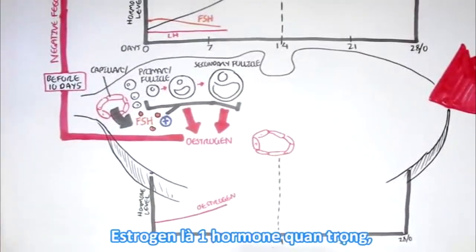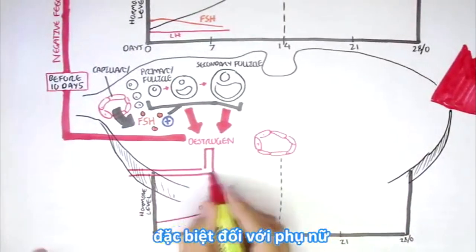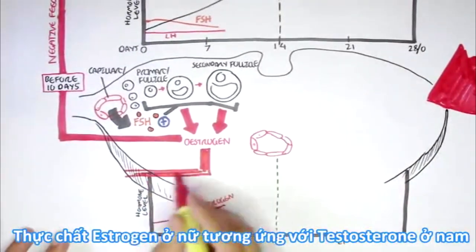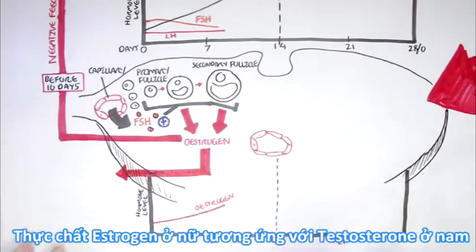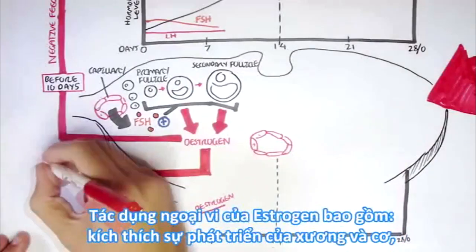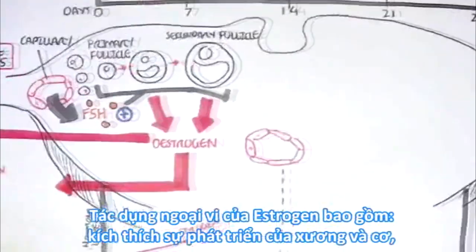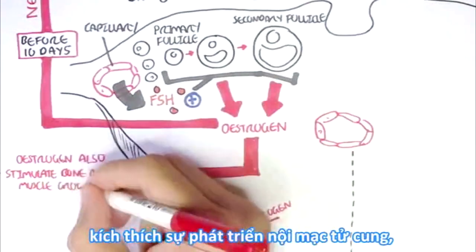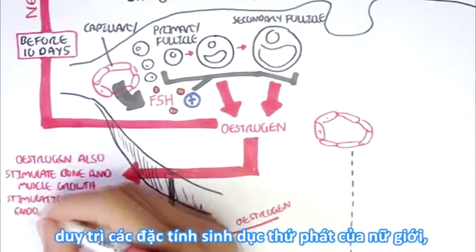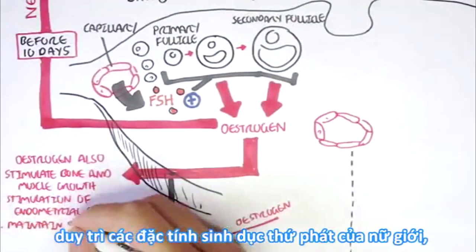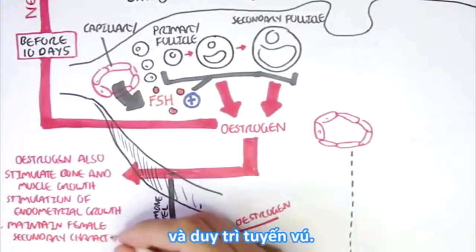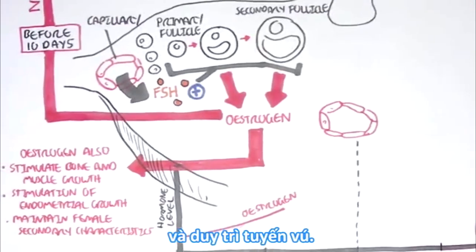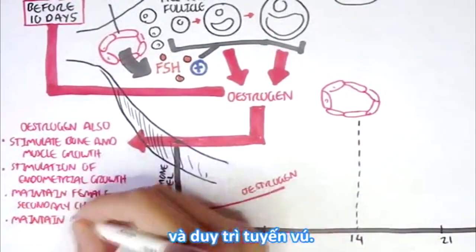Estrogen is an important hormone, especially for females, because estrogen is basically the female equivalent of testosterone. Estrogen's peripheral effects include stimulating bone and muscle growth and endometrial growth, maintaining female secondary characteristics, and maintaining the glands and the breasts, amongst many other things.